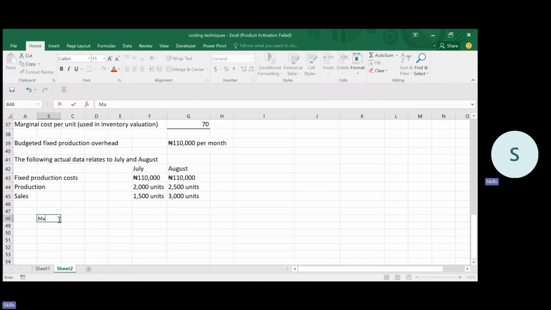We are going to determine the marginal cost profit statement. That is what we are to prepare.